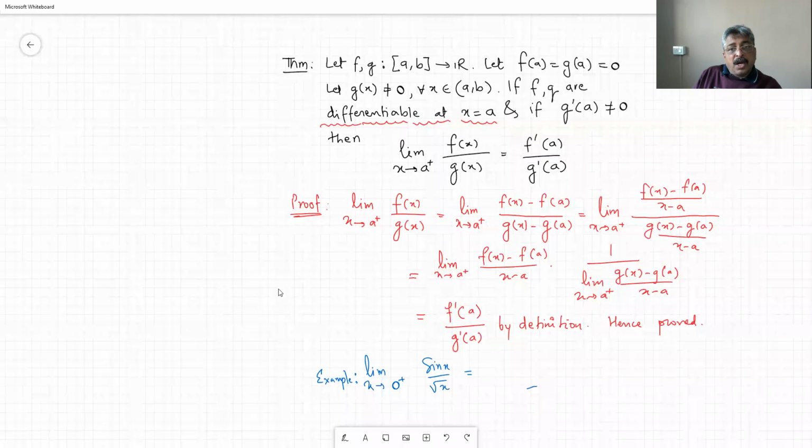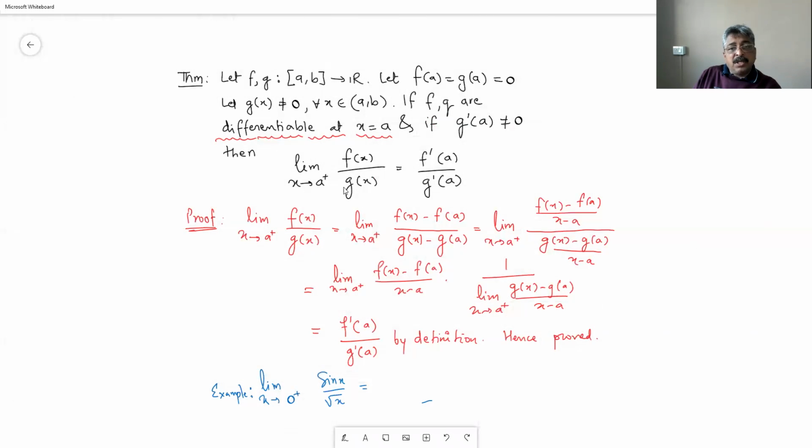The prerequisite of our theorem is f and g are differentiable at x is equal to a. And you will find that root x is not differentiable at x is equal to 0. Therefore, you are violating the condition which is required for the theorem. But then the answer is true.